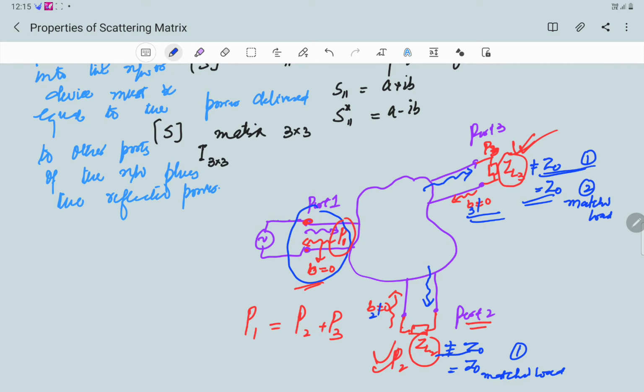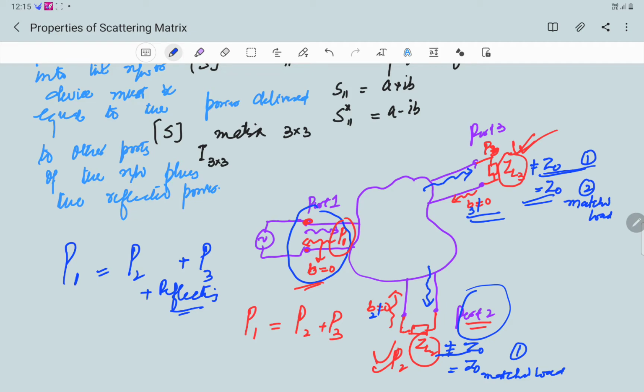So there would be a reflected wave at port 2 and port 3. In this case, power incident at port 1 would be power delivered to port 2, plus power delivered to port 3, and the reflections. So this is what I mean by a lossless network.